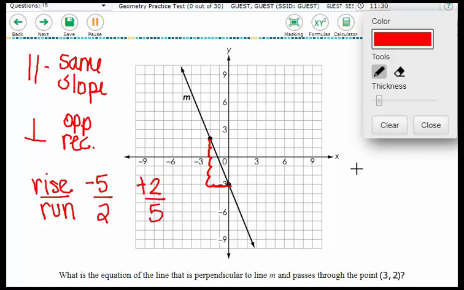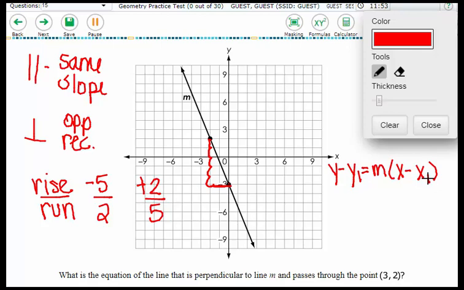So we want to write an equation where our slope is 2/5 and it goes through this point. There is a formula that we talked about also towards the beginning of the year, that is y minus y1 equals m times x minus x1. This is called the point slope form, which hopefully you learned in algebra.